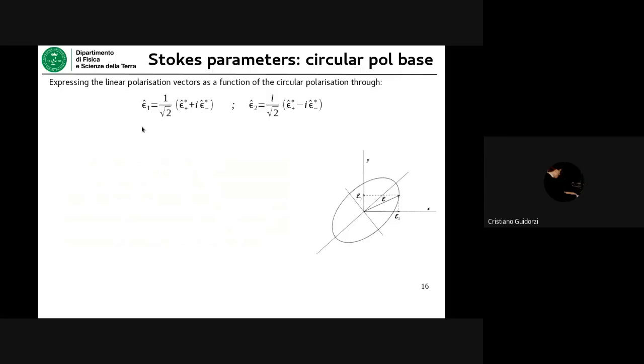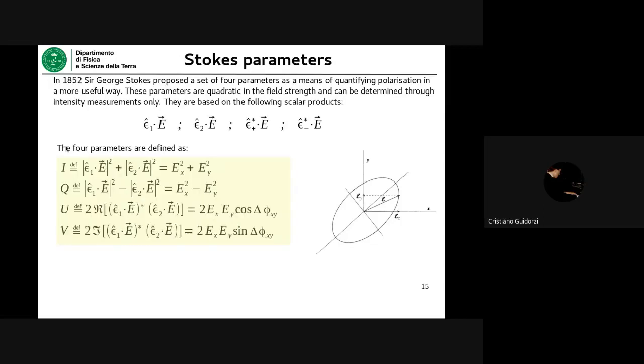Now, the goal is to express the Stokes parameters, instead of as a function of epsilon 1, epsilon 2, Ex and Ey, and the relative phase, as a function now of the circular polarization base. How can you do that? Well, if you consider I, in the previous slide it was defined as, let's get back here.